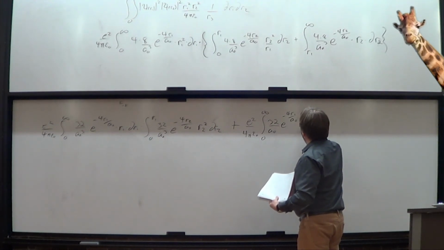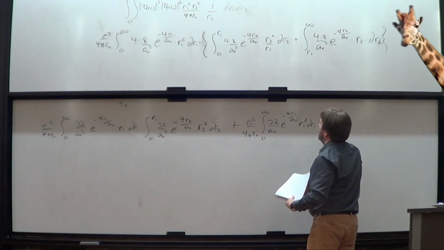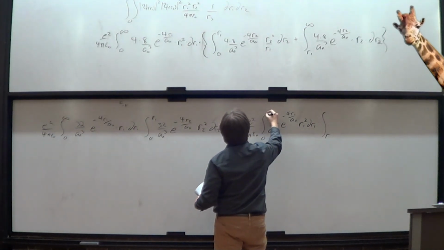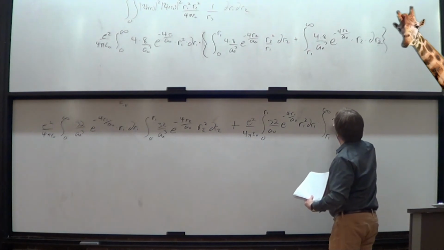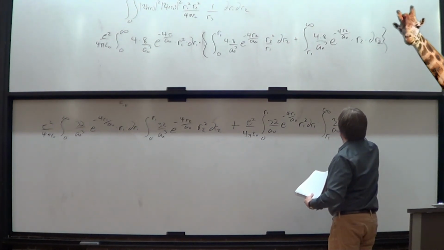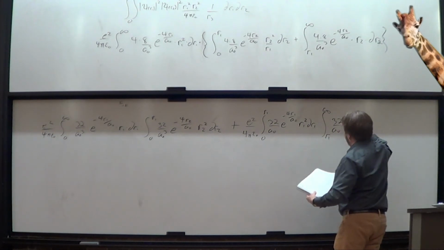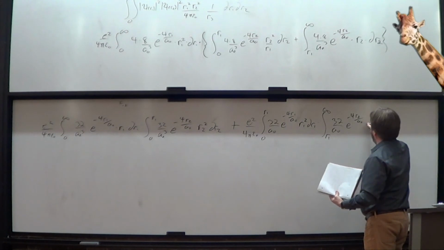Okay, now I've got R1 squared times, what did I? There we go. E1 minus 4R2 over A naught. I should look at my notes sometimes. Okay, R2 dR2.